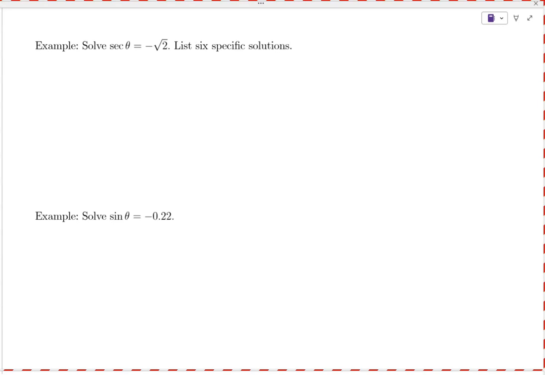That's okay. If I wanted to rewrite this, which function would I rewrite it involving? Cosine. If I wanted to rewrite this as cosine of theta equals something, what would it equal? Negative 1 over root 2.